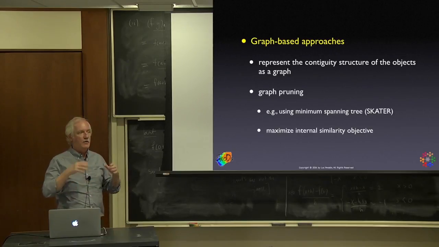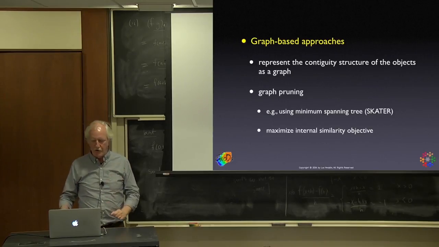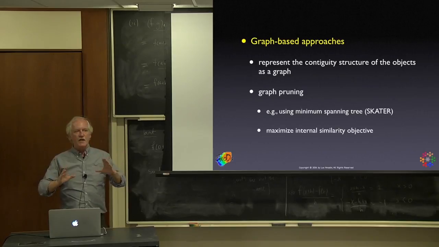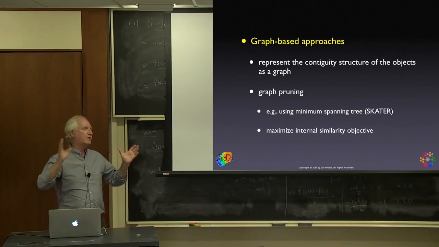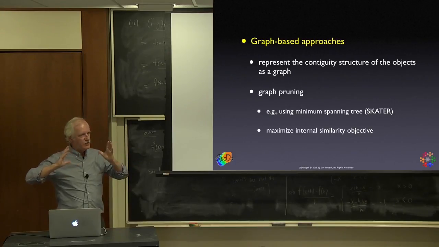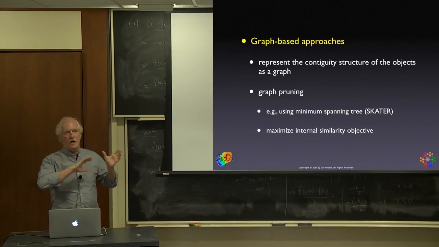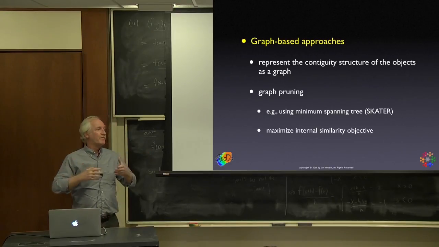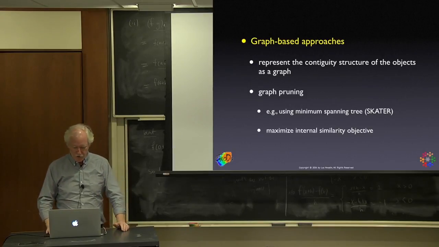We'll see in a few minutes how you actually do that. It's pretty clever. As it turns out, that's actually a constrained search of all the possible solutions. By forcing yourself into this graph structure, you're eliminating some potential solutions. Now, as long as you're not eliminating very good solutions, that's okay. But you don't know that, of course, when you start the process.